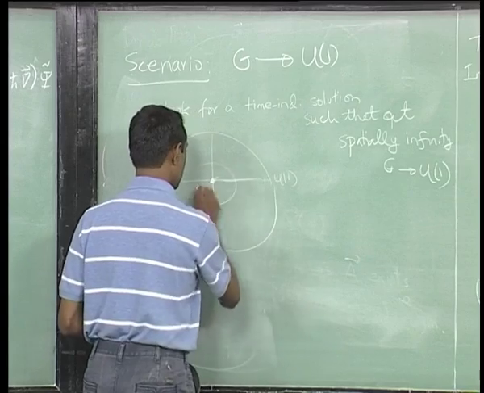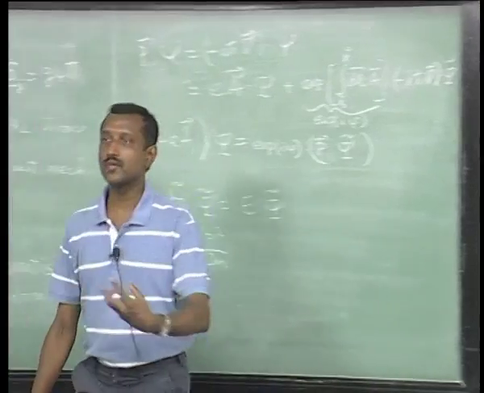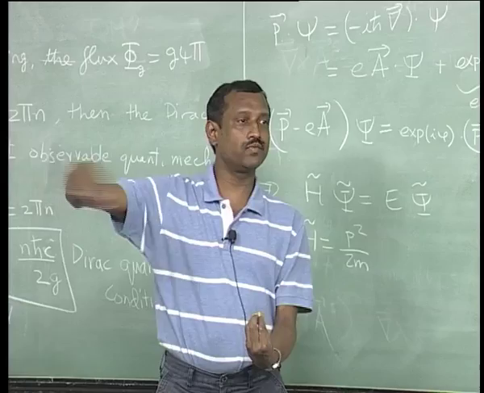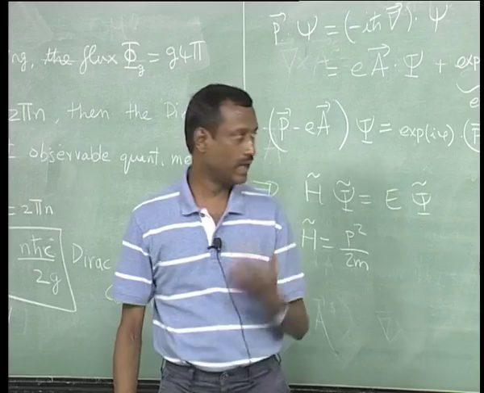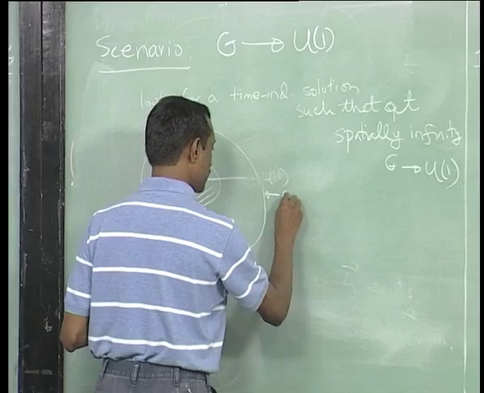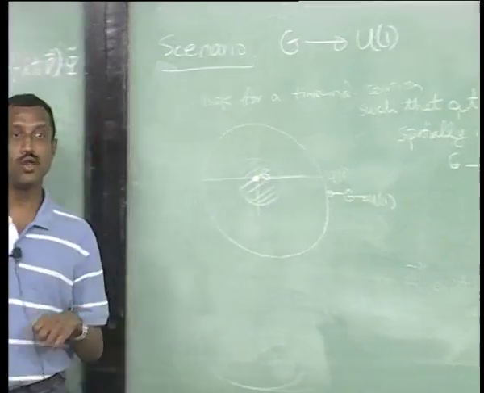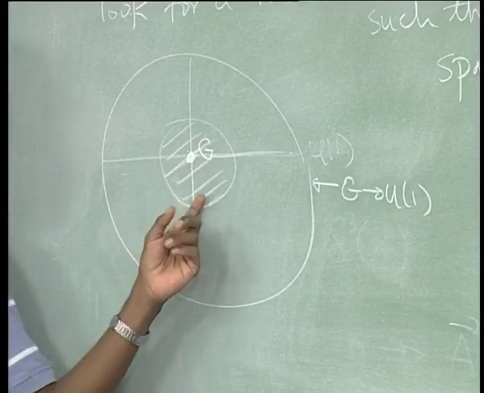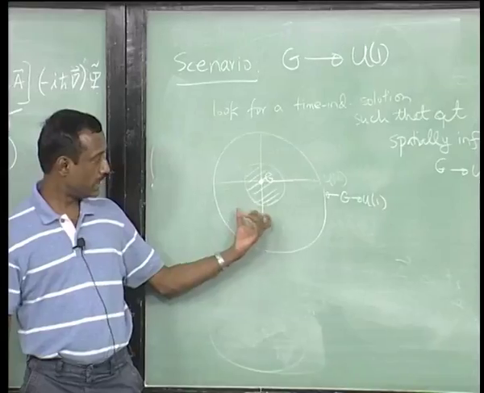But suppose in this region that is not true, like in the vortex we saw, far away the vortex took values where the symmetry was broken, while inside it was restored. So in this region G is broken down to U1, but in this region you could have the full non-abelian, the singularity gets replaced, and you get a full non-abelian thing coming back. So you can construct such a solution.